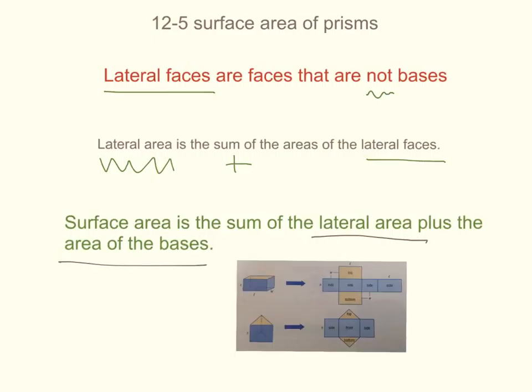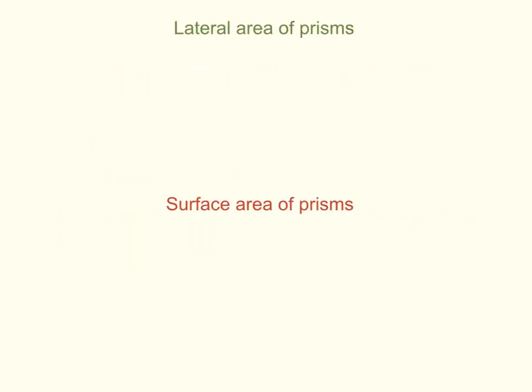Just to give you a visual of lateral faces and bases, in the figure below, the lateral faces are in blue and the bases of each object are in yellow. So there's two formulas for this. There is lateral area of prisms, and this is where the lateral area of a prism is the perimeter of the base times the height.